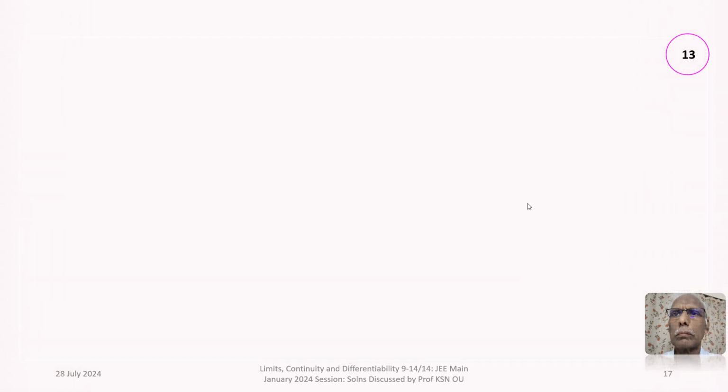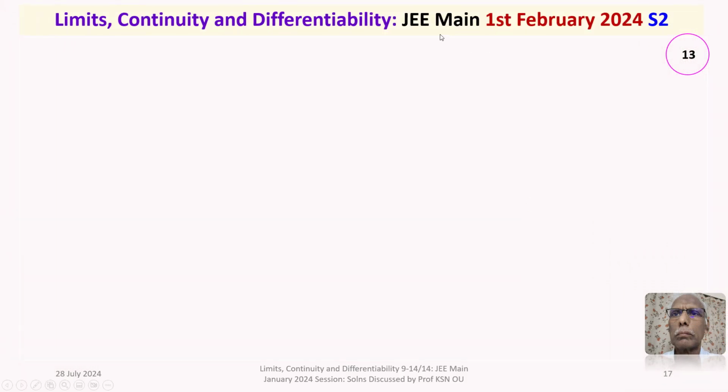This question has appeared in the JEE Main exam held on 1st February 2024 in the second shift.